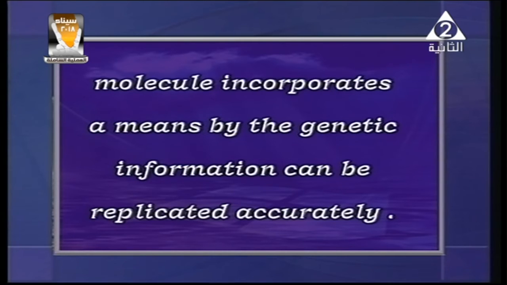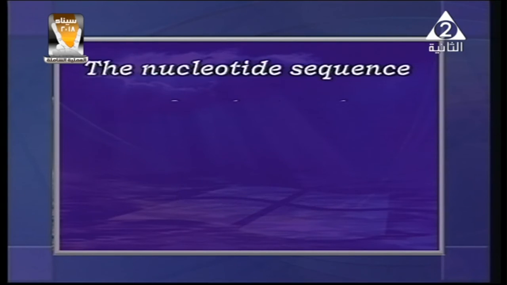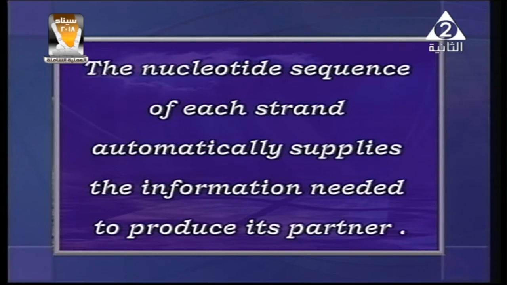the cell for division. Because the two strands have complementary base pairs, the nucleotide sequence of each strand automatically supplies the information needed to produce its partner. I mean, they complete each other.